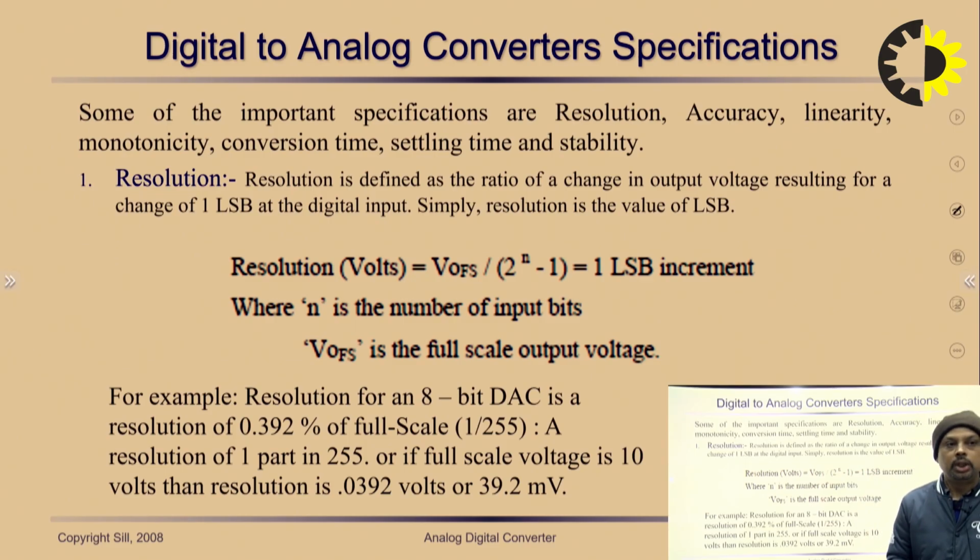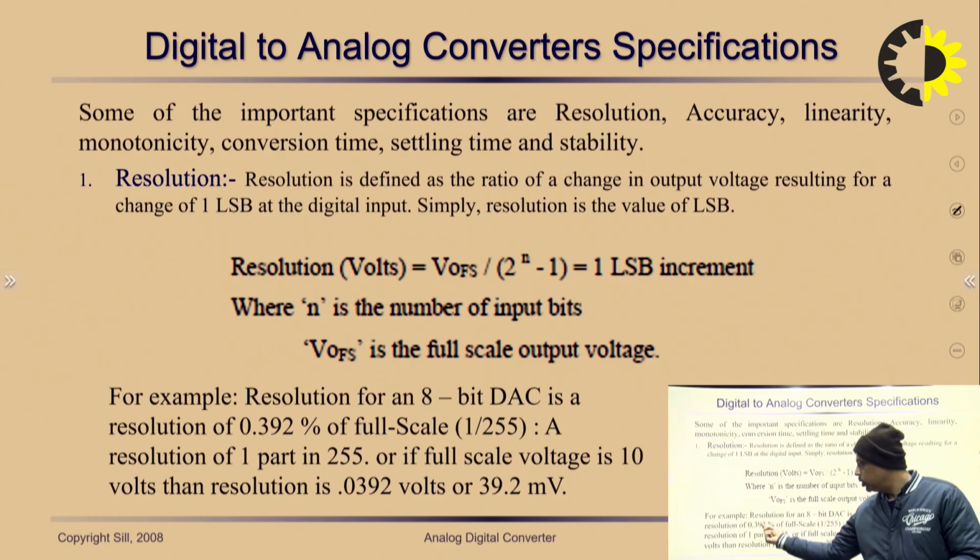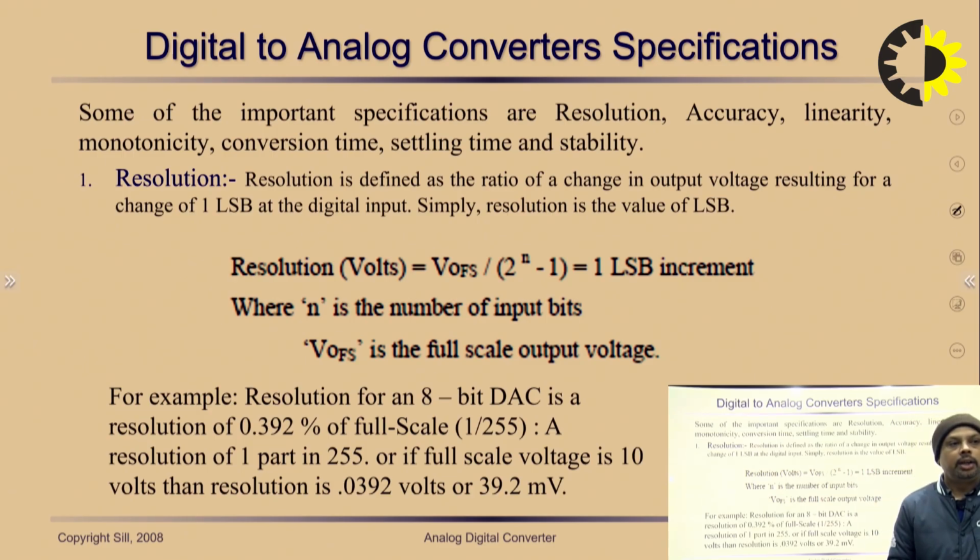Let's suppose we have a converter with 8-bit digital input. For 8-bit digital input, the resolution is 0.392%. So let's suppose the full scale reading is 1, or we can say 100.